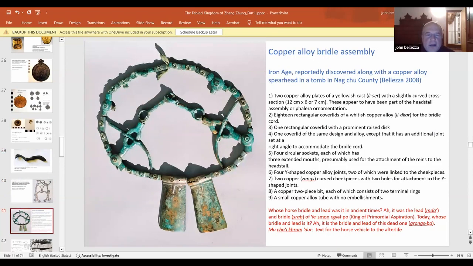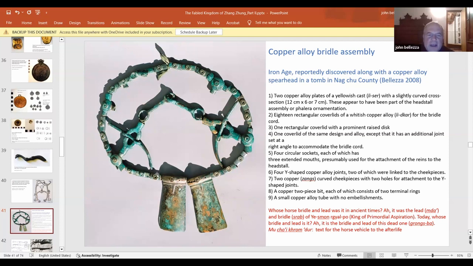This is a copper alloy bridle that I donated to the Tibet Museum. It was in the antiques market. Some of my friends came up with the money. I purchased it, and we donated it to the Tibet Museum in Lhasa, and it's now being proudly displayed there.